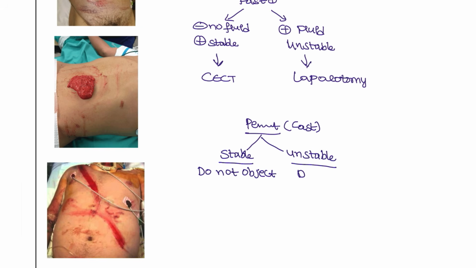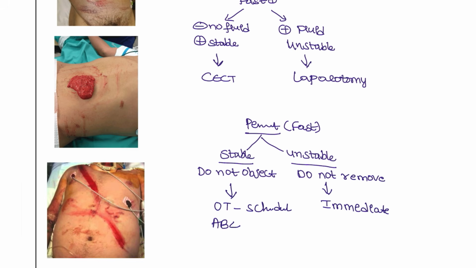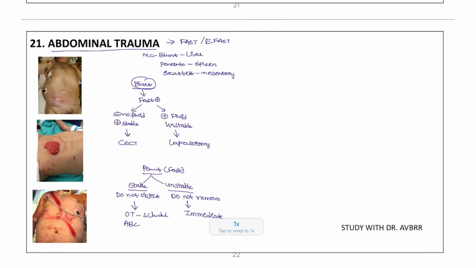Then for a stable patient, we can go for OT, scheduled after resuscitation. For an unstable patient, immediately shift to the OT to control the bleeding, and laparotomy is done.